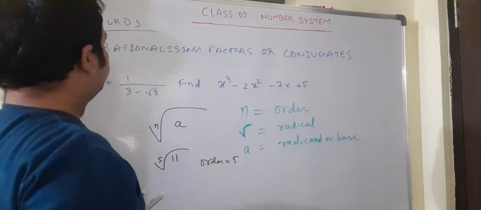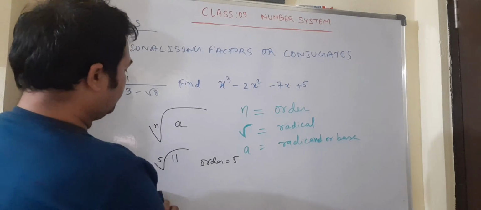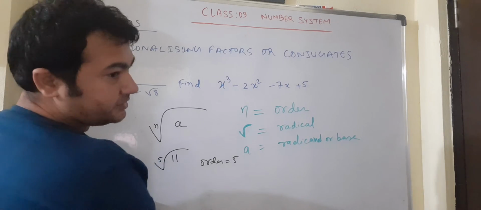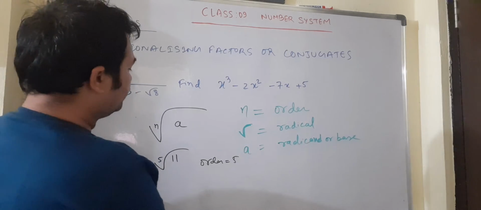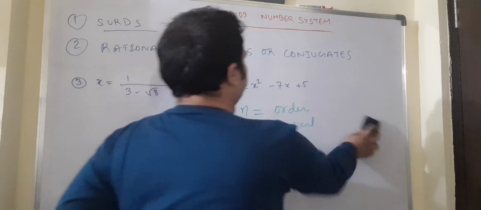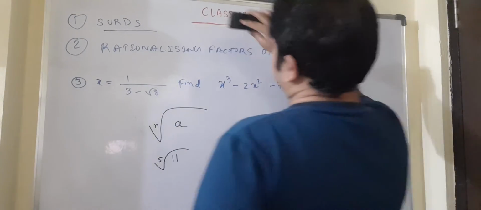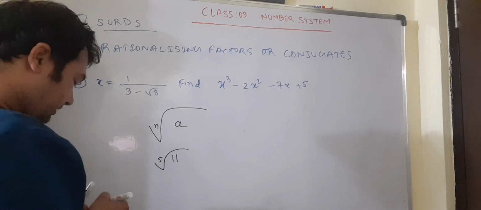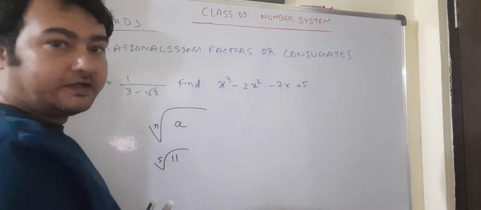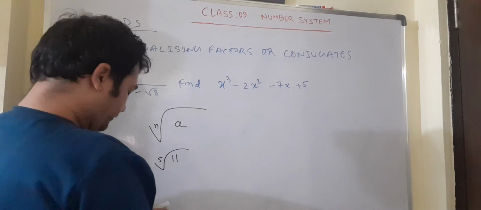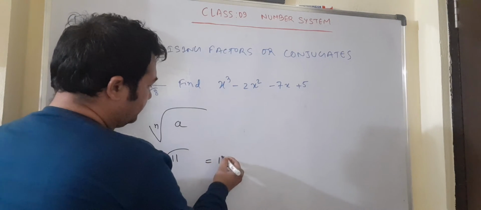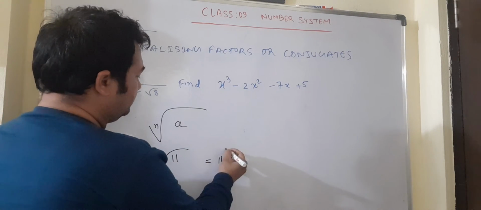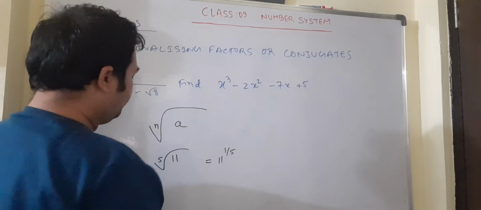After this topic, rationalization, we will move towards the laws of exponents. Since you have already studied the laws of exponents in your earlier classes, you must know that this can be written as 11 to the power 1 by 5.